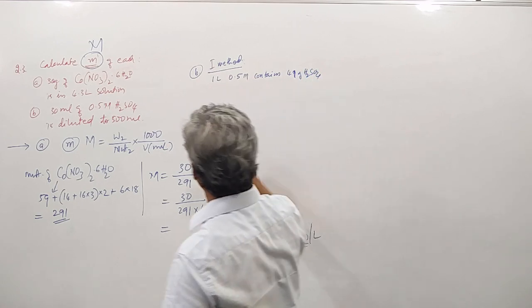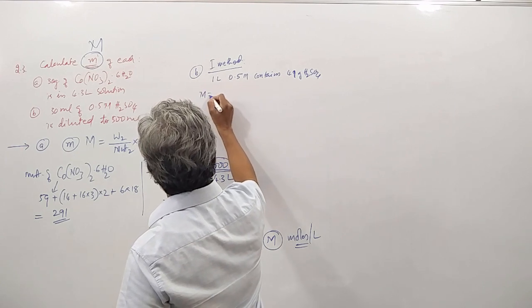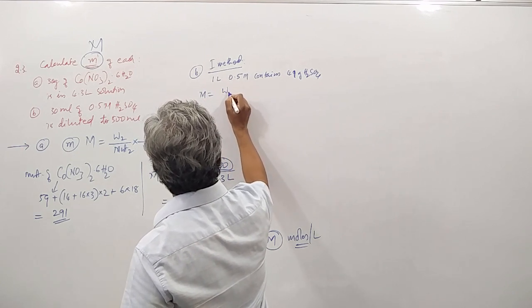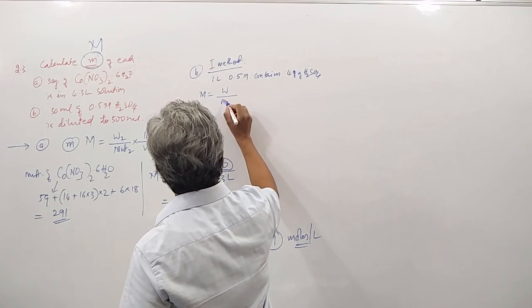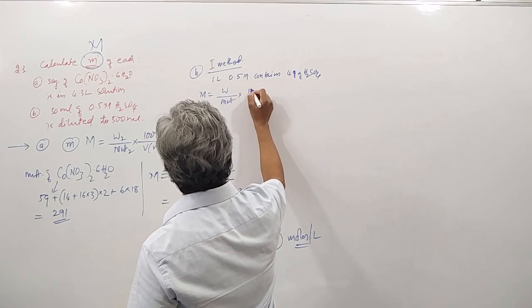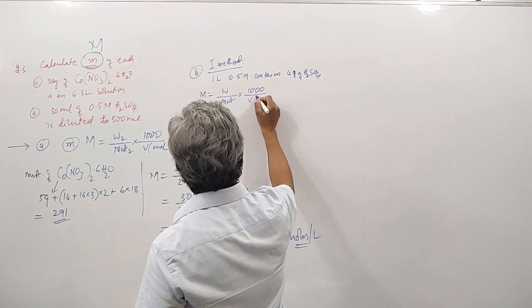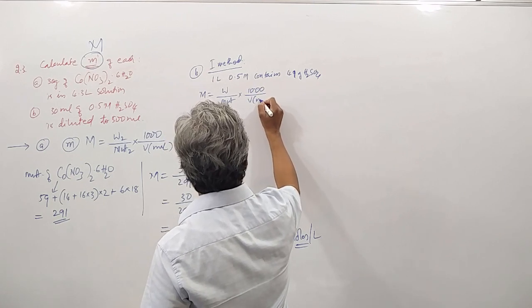So how have we calculated? Look at this one. Molarity is equal to weight of sulfuric acid divided by molecular weight of sulfuric acid, which we can write as 98 into 1000 divided by volume in ml.